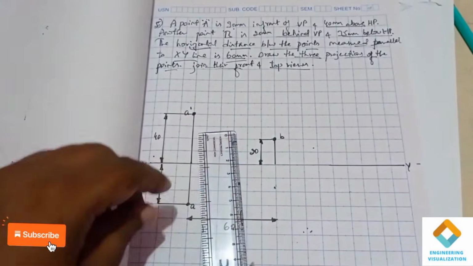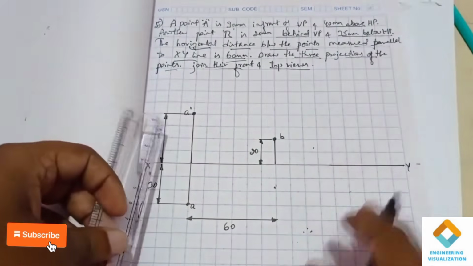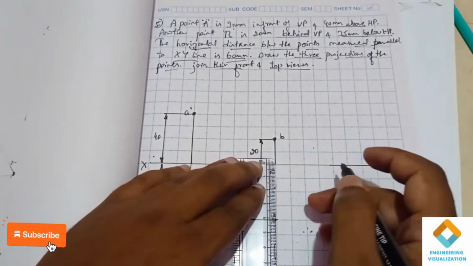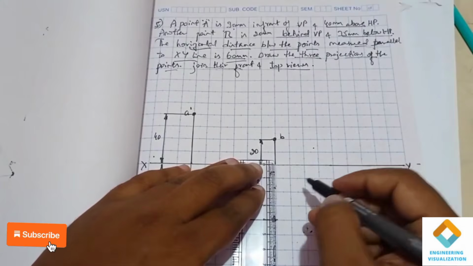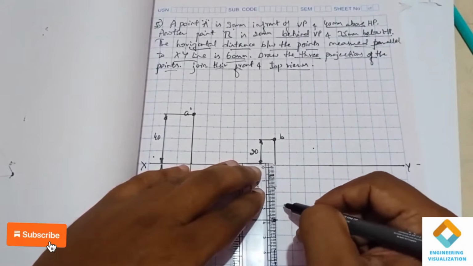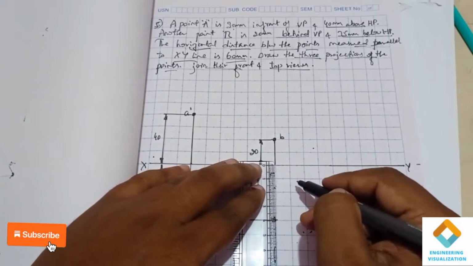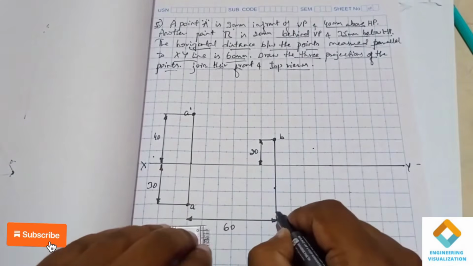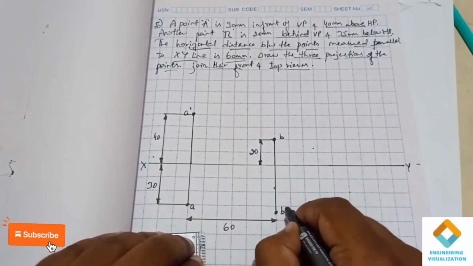This is 20. In the same way, 35 mm below HP means it is a front view. So the front view in the third quadrant we get below the XY line. So 35 means 3.5 boxes. See, this is 1, 2, 3. 3.5 means till here we have to extend. Use the scale or the box, no problem, you'll get the same length. Okay, this point is B dash.